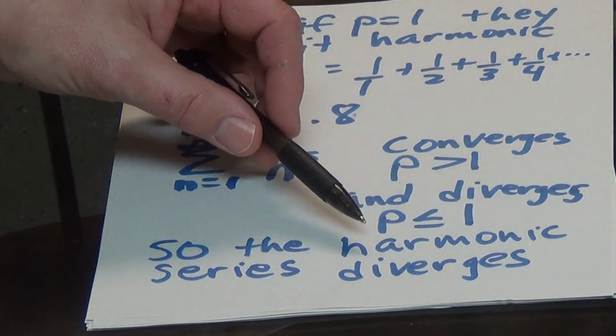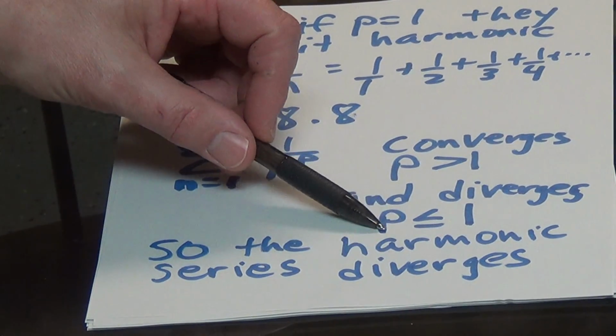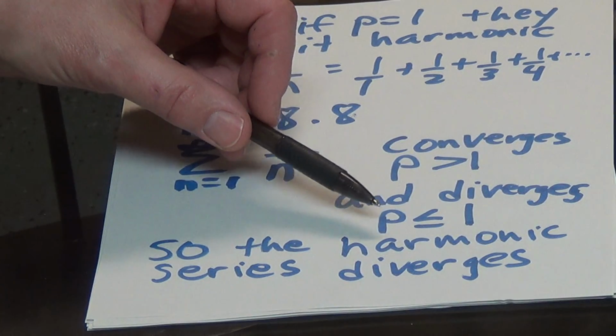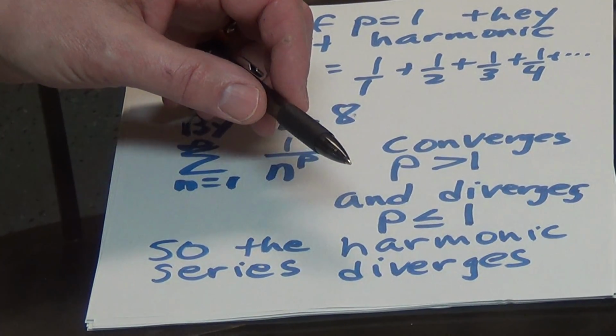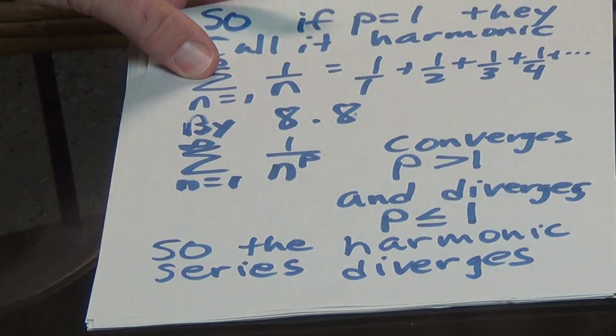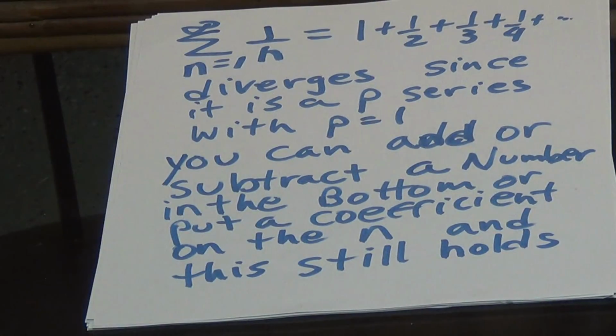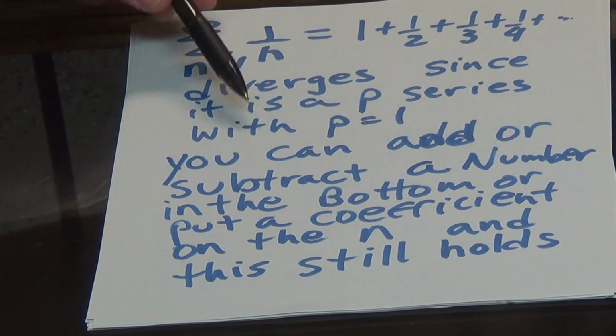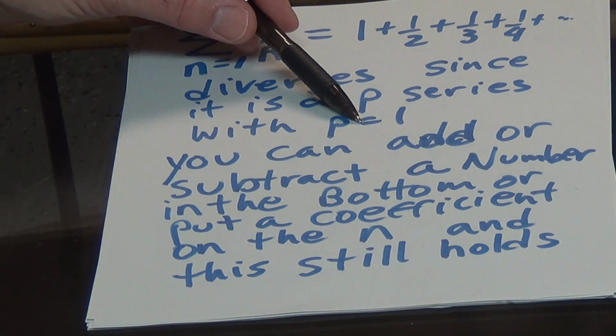So this is a very important result: if you can recognize a series is harmonic, a harmonic series diverges. Harmonic means it has linear terms on the bottom. So the straight harmonic is a straight 1 over n. Again, adding these fractions up to infinity, it will diverge, since it is a p-series with p equal 1.